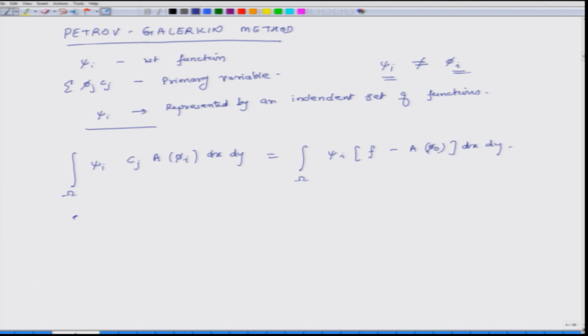Even if A is a linear operator, this term is not symmetric.